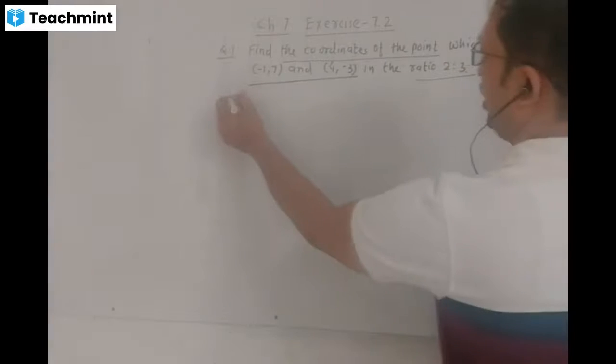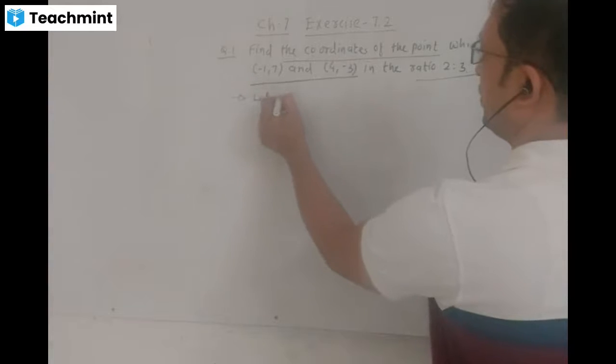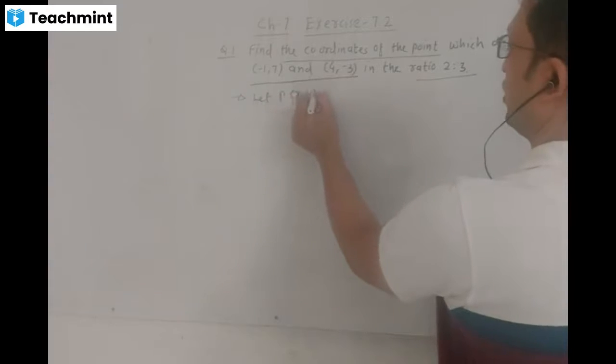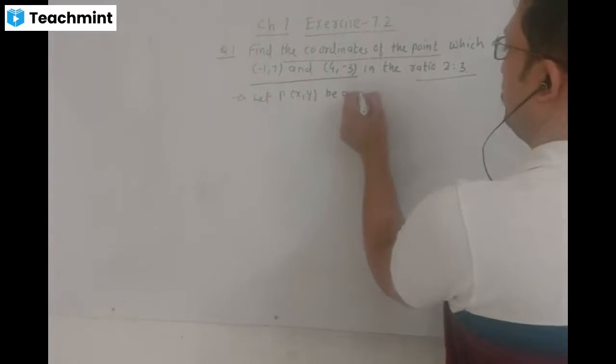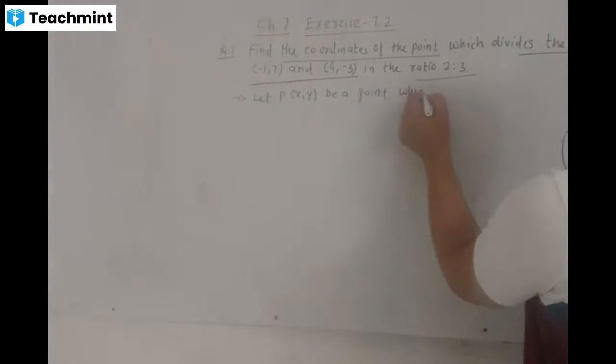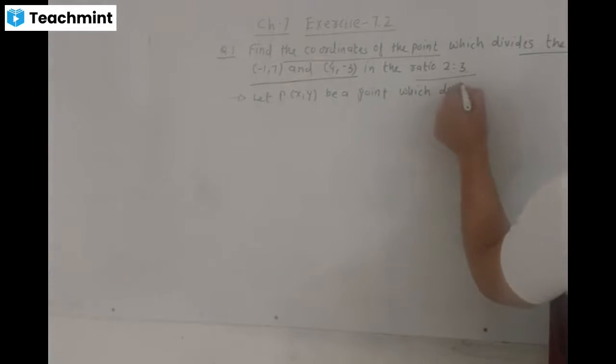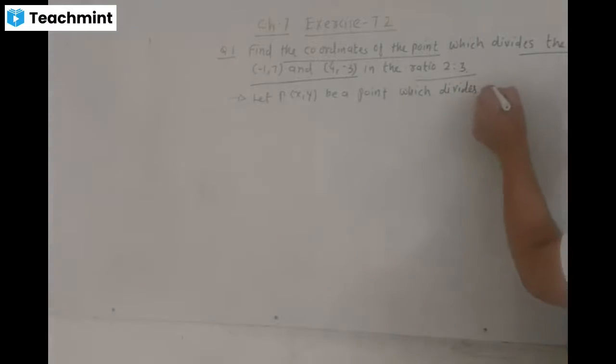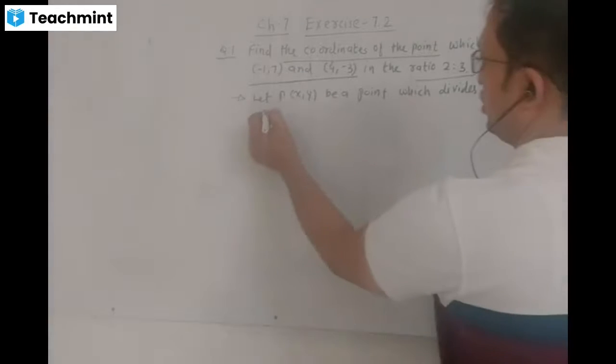Let P(x, y) be a point which divides AB in the ratio m1 is to m2, that is equal to 2 is to 3.